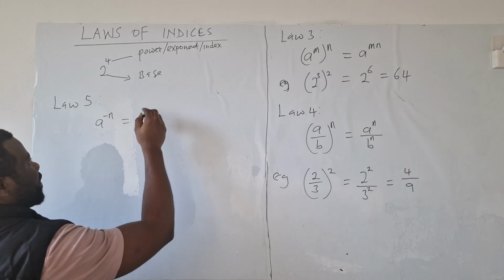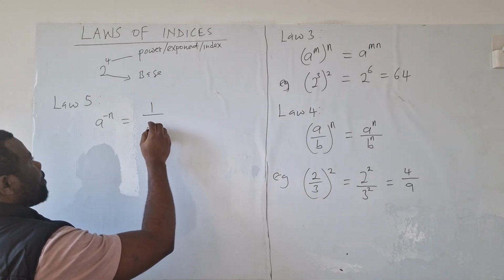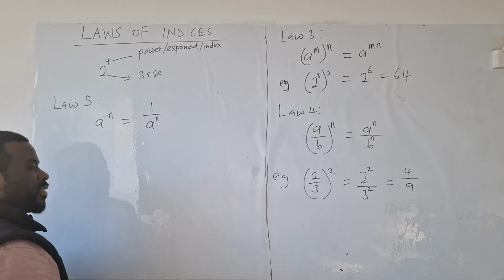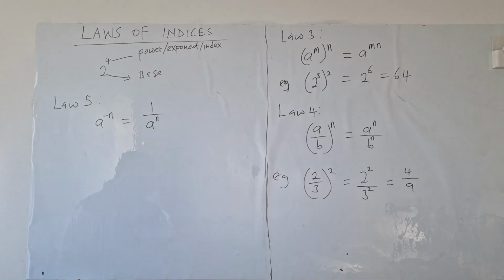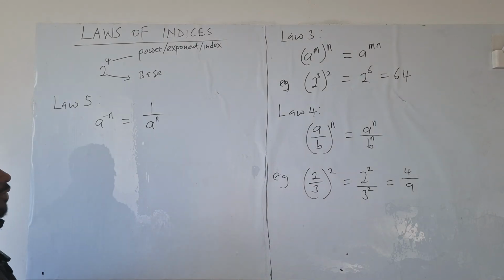So this can be written as 1 over a raised to the power positive n. Whenever you have a negative power, just take the reciprocal of that number and the negative power will change into positive. Good.